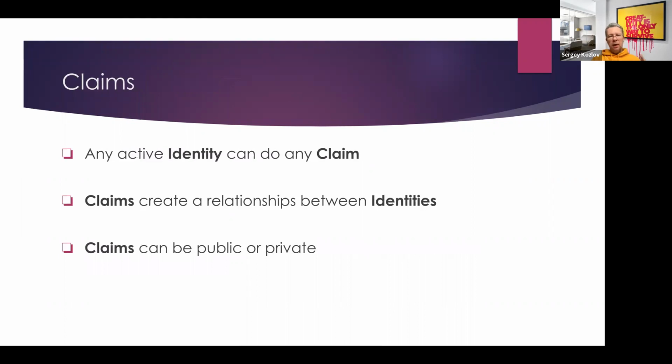What else? The claim is actually the document. It is something that one identity issues to another identity. So it means that claims create a relationship between identities. So let's say if I'm your friend on Facebook, Facebook has actually made this relationship between you and me.